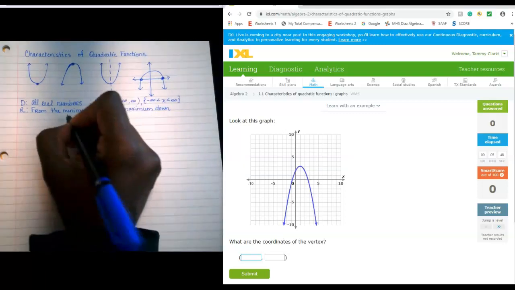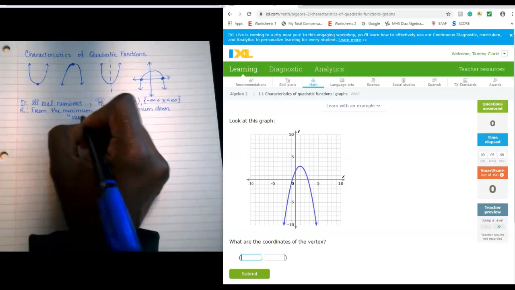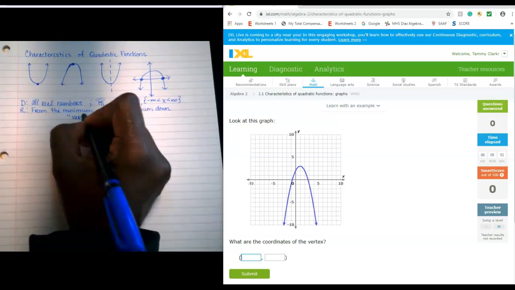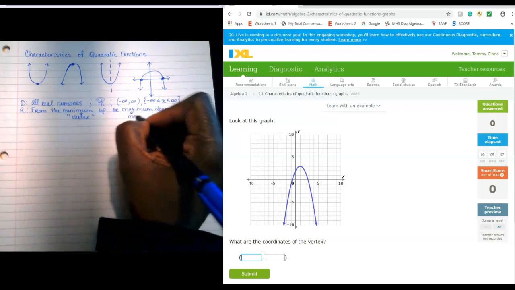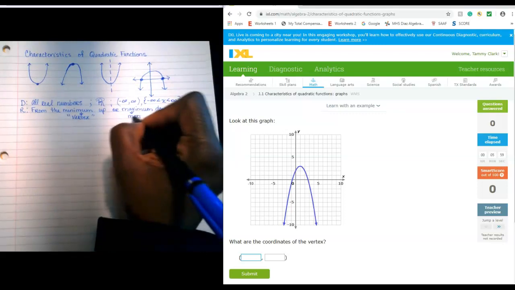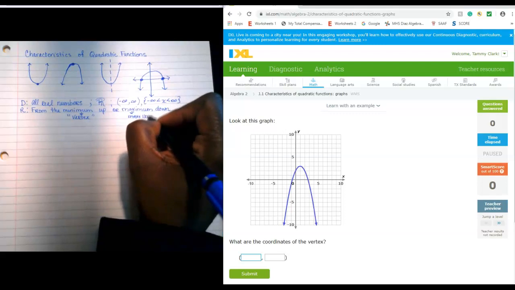Now the minimum we can also call the vertex. We can also call the maximum a vertex. I meant to write vertex here. Okay.